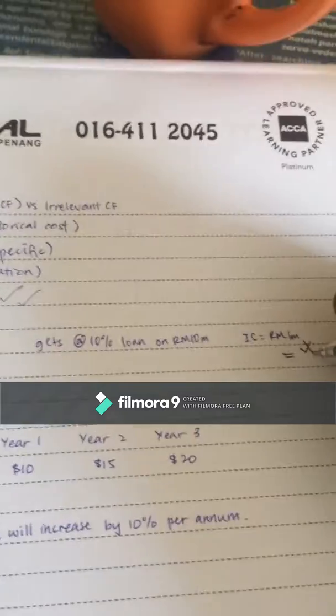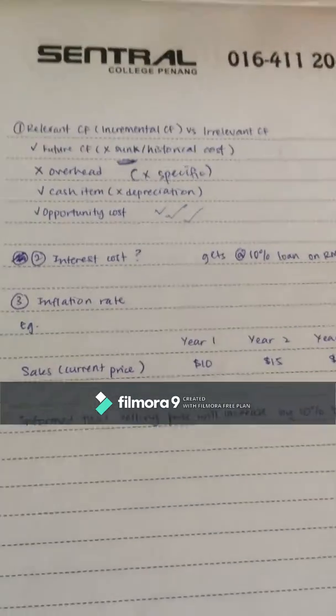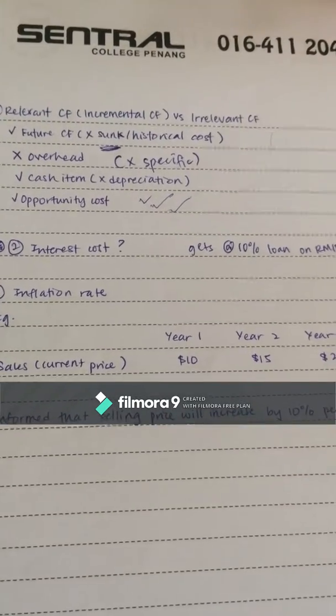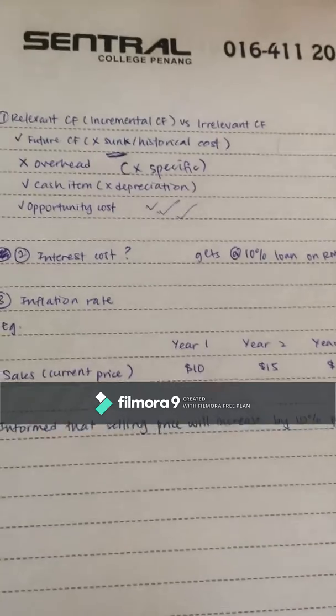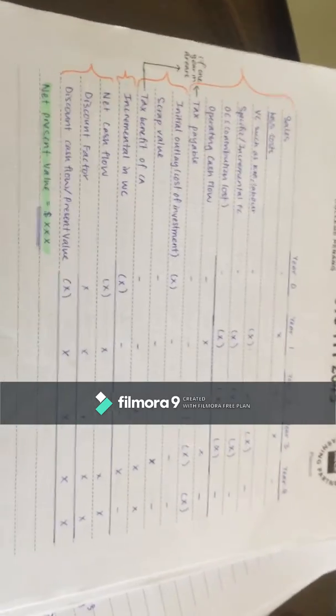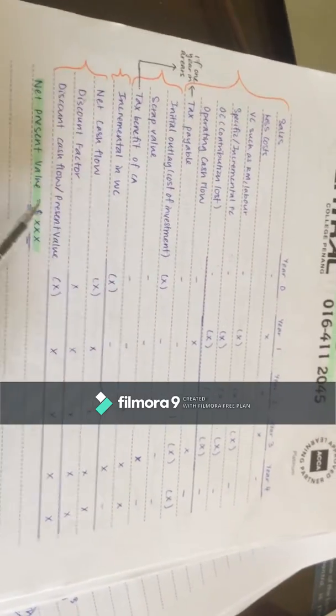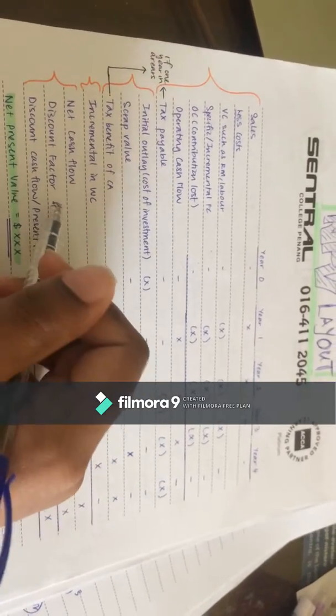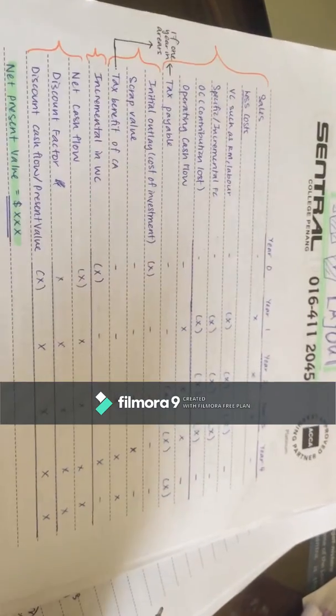The answer is no. This is because when your company chooses to invest in this project, we have the format I showed earlier. In this format, can you see the discount factor? The discount factor will include the interest cost in it.